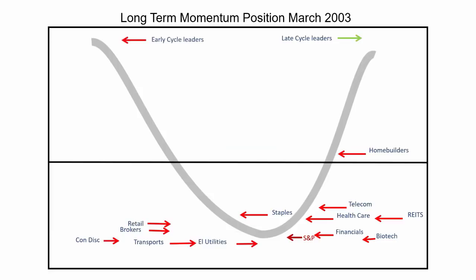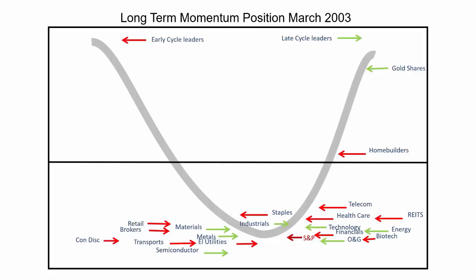So that's where all the leading sectors were, and this is where the lagging sectors were. Now these are only proximate positions, because you can see things get pretty crowded down here. So I'm just giving you a kind of a framework for what's going on. And just because you're a leading sector doesn't mean that you lead in every cycle or you lag in every cycle. It depends on the character of the cycle.